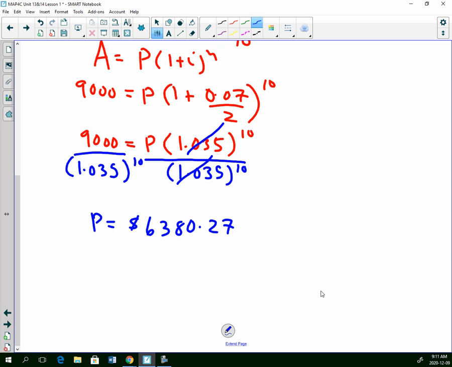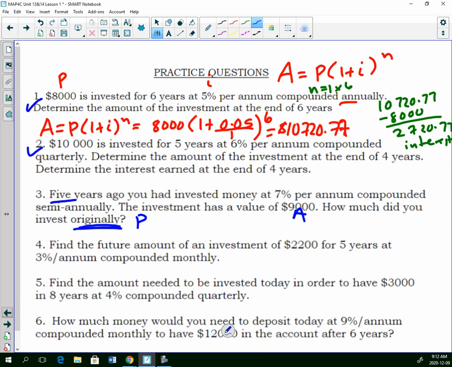If it is more, I know I did something wrong, right? I can't start with more than what I end up with because I've earned interest, unless it's a loan, right? Okay, so you might have to be determining A, or you might have to be determining P, right? One or the other. So if it's A, you multiply. If it's P, you divide. Okay.